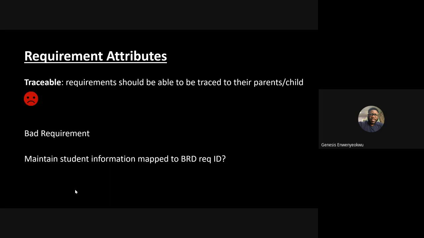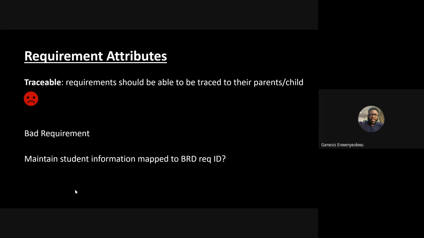Another criteria we use is traceable. You should be able to make your requirements traceable. For instance, you are talking about a requirement you wrote in your BRD, and you are writing your FRD, and you want to relate it to a requirement that was written in your BRD. Let's say sign up, for instance.